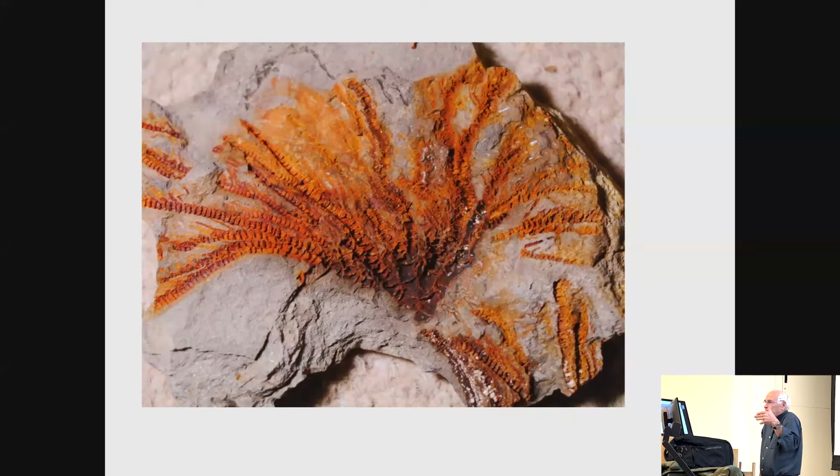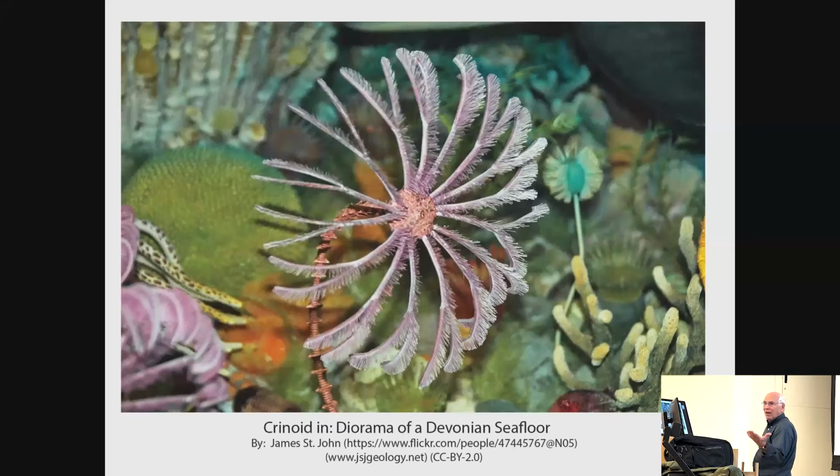And so some of them are called crinoidal limestones. They were so common. The crinoids are called sea lilies. They look like flowers.